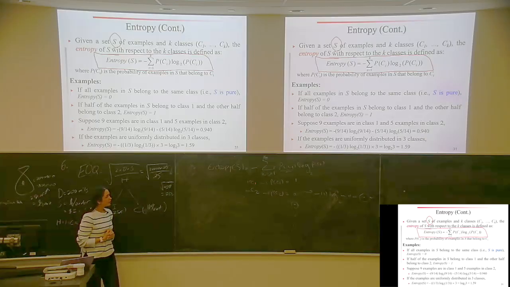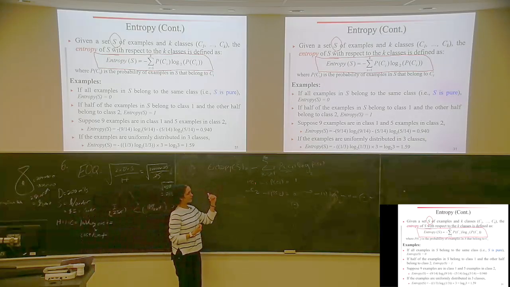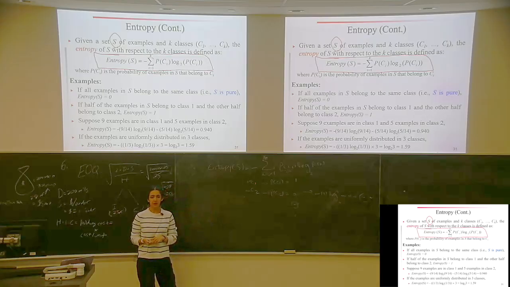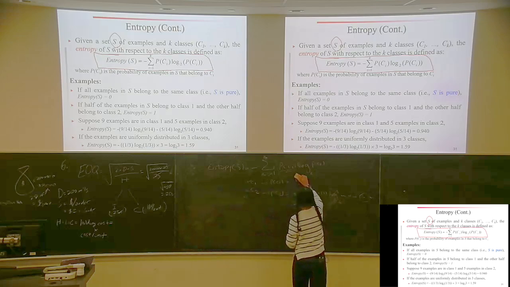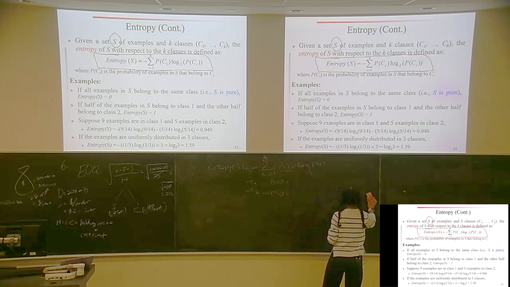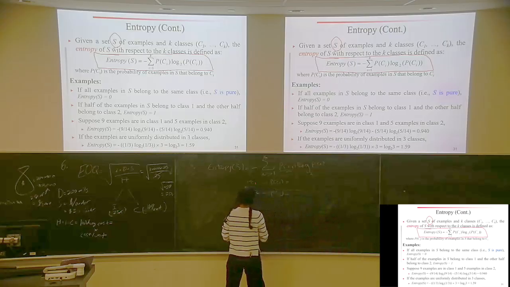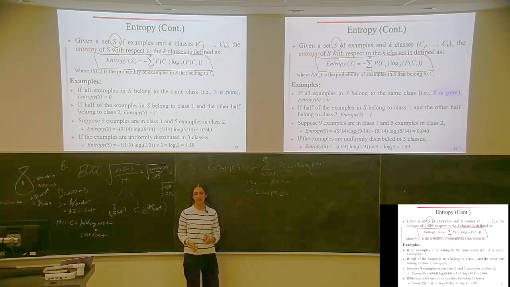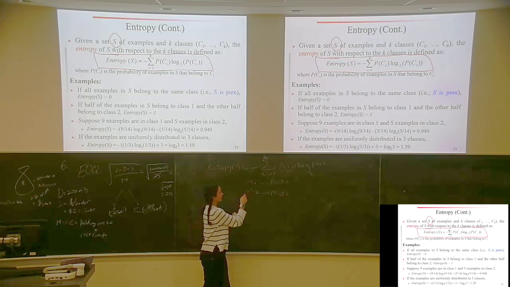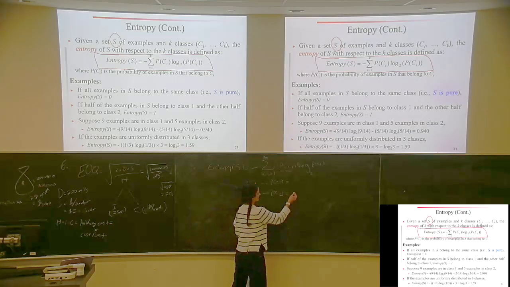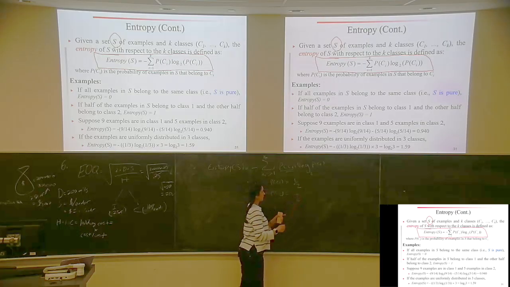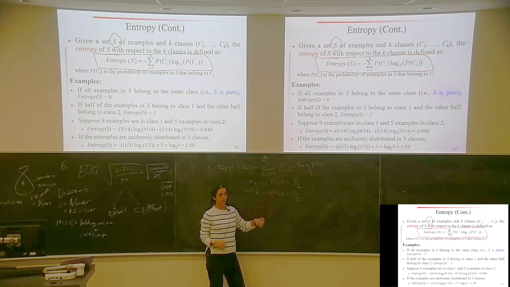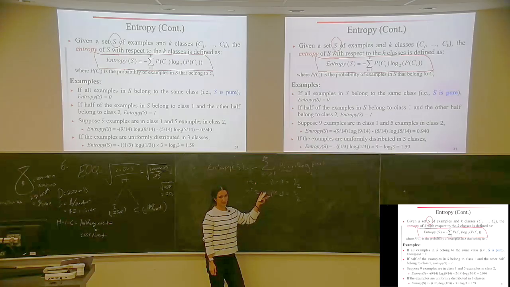Now, what if we have, for example, 2 classes, and half instances belong to class 1, half instances belong to class 2? What would be the entropy? So if half of the instances belong to class 1, what is the probability of class 1? Right? The same for p_2. 50% goes into this class, 50% goes into this class. So the probabilities are the same.